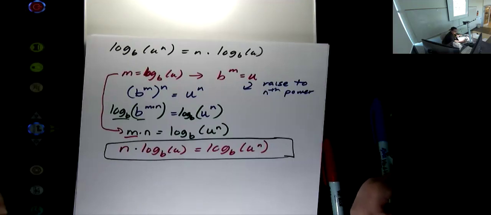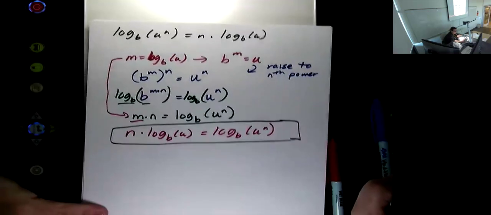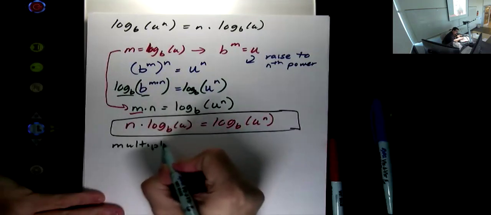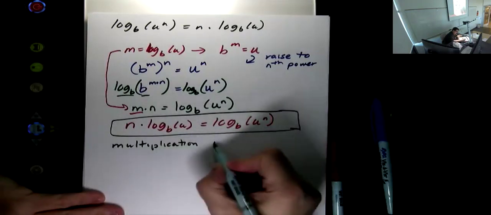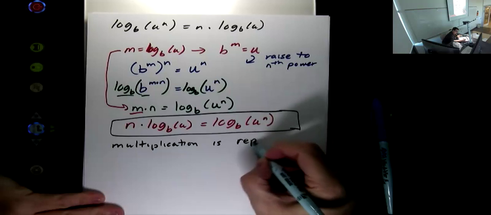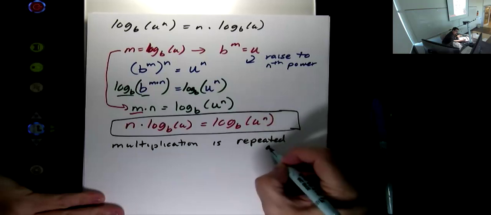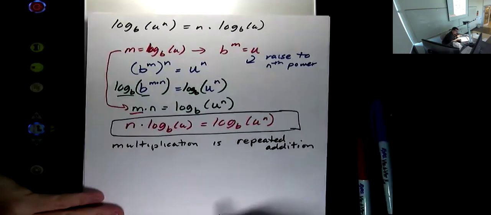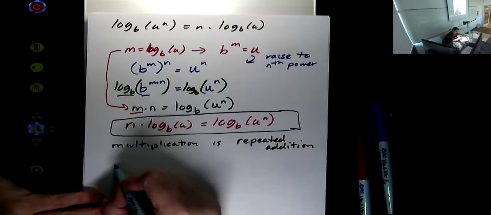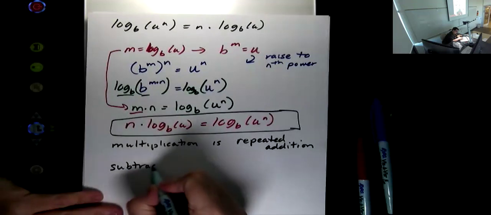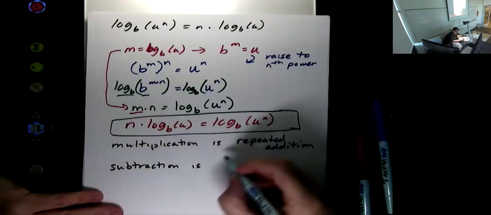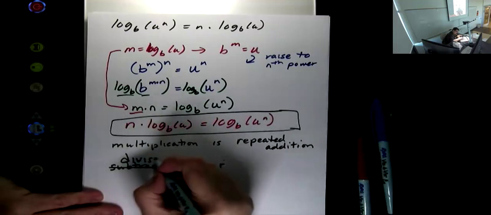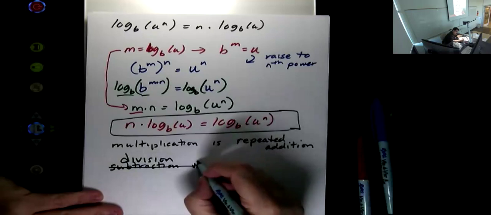Which is interesting because this ties in like how arithmetic works. Multiplication is repeated addition. Subtraction is, I'm sorry, not subtraction, division is repeated subtraction.